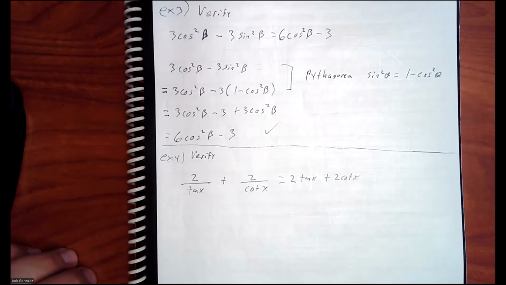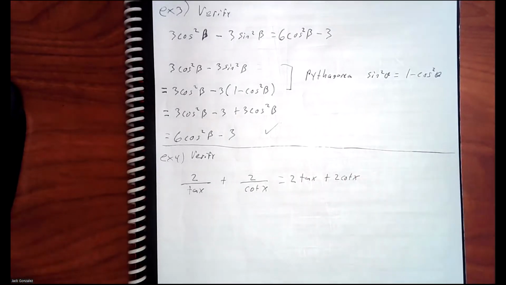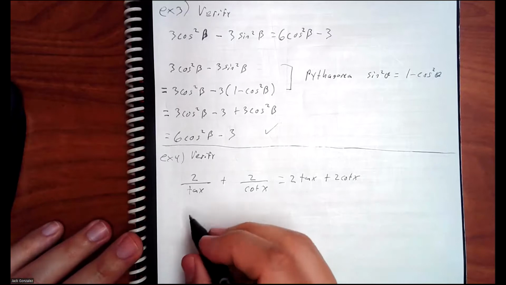It's not, just change it to x. Or yeah, 2 tan x plus 2 cotan x. Let's start with the left side because it looks uglier.